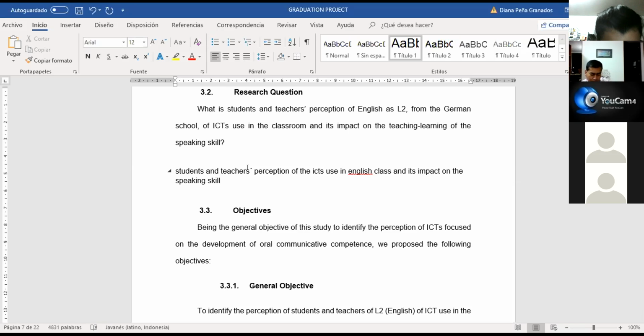That could be possible, but that means two different things. So perceptions would include all of them, what they believe and what they think they are doing with the use of ICTs, right? So what is teachers and students' perception of the use of ICTs in English class and its impact on the speaking skills?